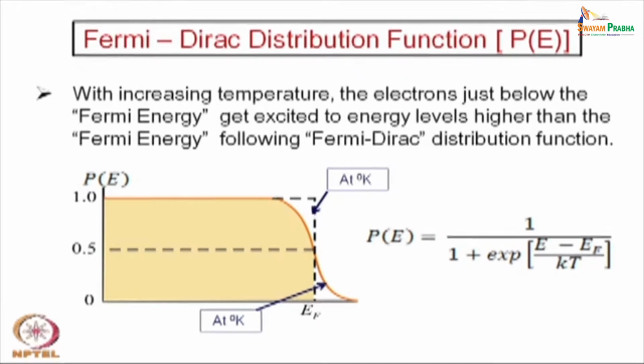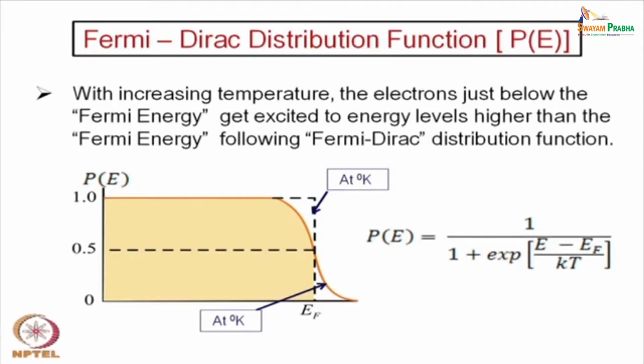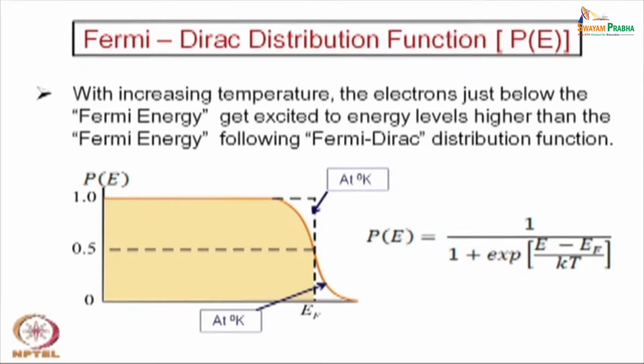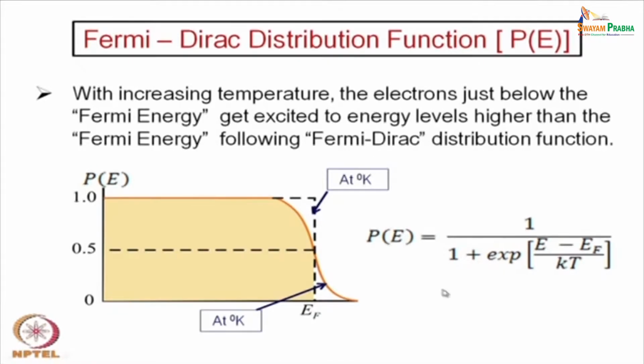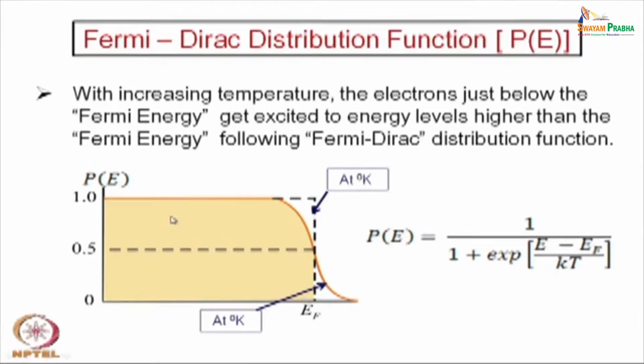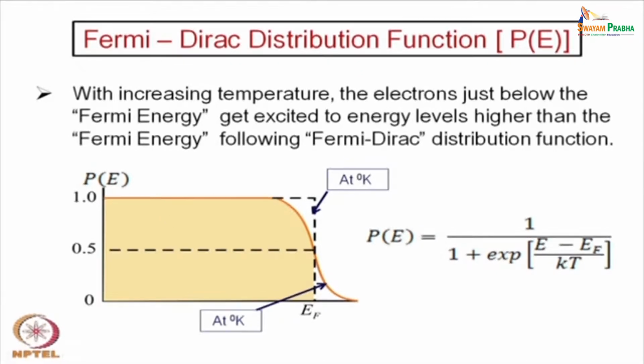The other way of acquiring energy is, of course, by temperature. If the electrons acquire additional energy from the thermal energy supplied to them, then we have to consider how this distribution changes, and that is given by the so-called Fermi-Dirac distribution function P as a function of E.